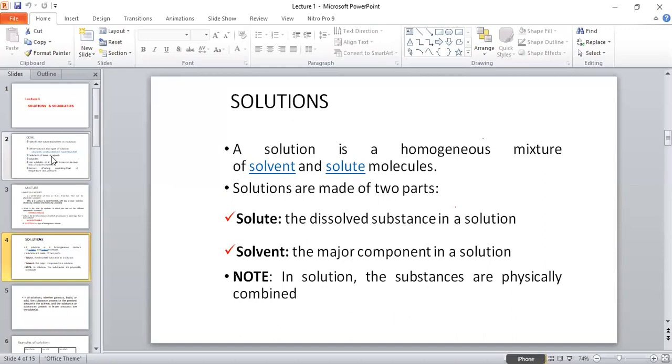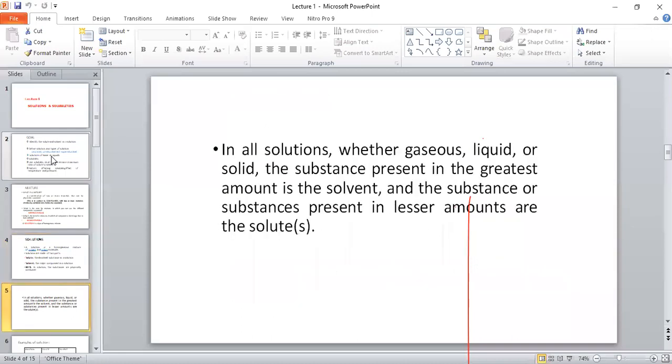Like I mentioned before, in a solution, substances are physically combined, and so you can basically separate them. So you should know that. I hope you understand so far.